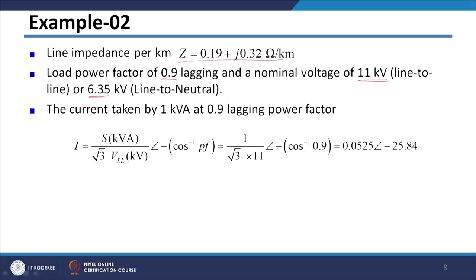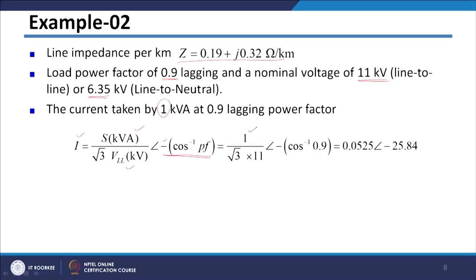Then current taken by 1 kVA at 0.9 lagging power factor. So, we are calculating current for 1 kVA load. We know that current will be power divided by root 3 into VLL, and its angle will be cos inverse of power factor with a minus sign since it is lagging.